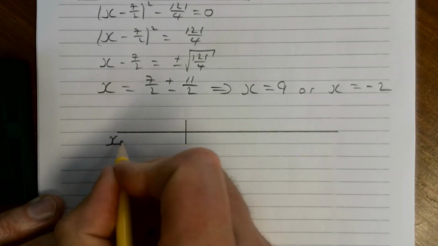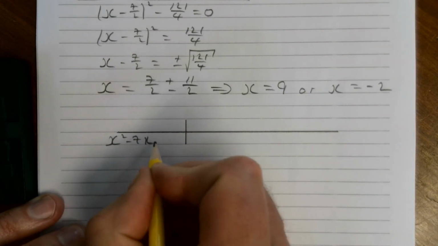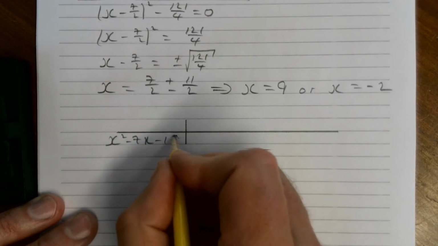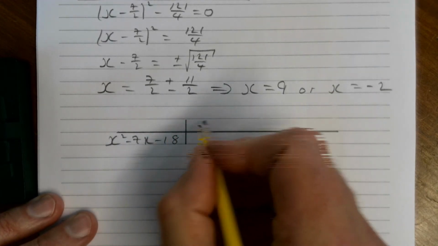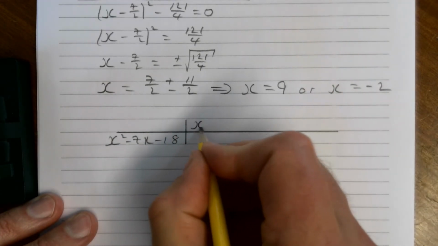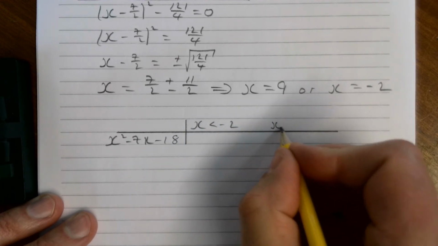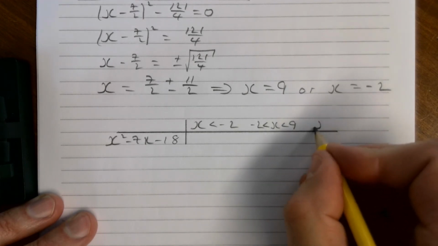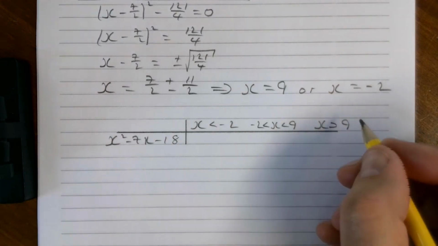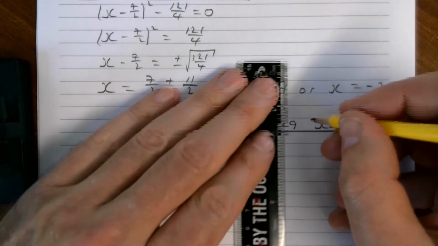Our equation is x squared minus 7x minus 18, and we're splitting into 3 sections: anywhere x is less than minus 2, anywhere where x is between minus 2 and 9, and anywhere where x is greater than 9.